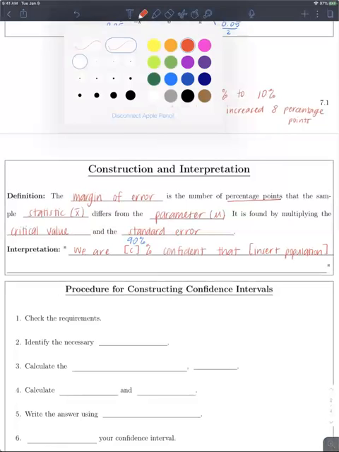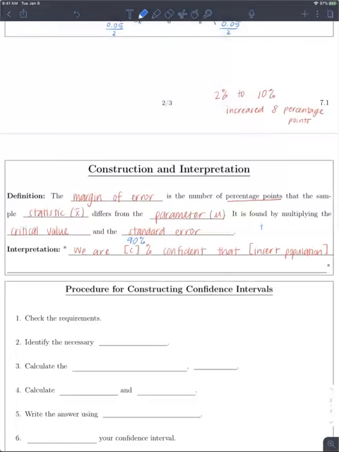So in my example, the average height for all CPP students is between, and then I would insert the numbers found.